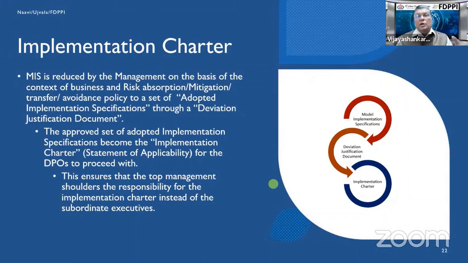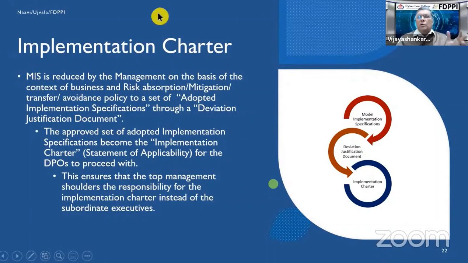Now, in order to protect this data protection officer as an individual, there is a need to bring the organization as a whole to accept a certain charter, and the DPO will be able to say that whatever we are trying to do is the responsibility of the organization.